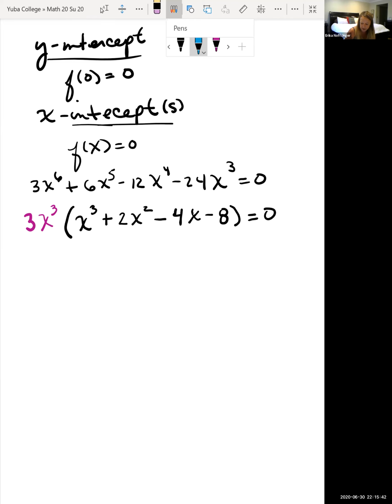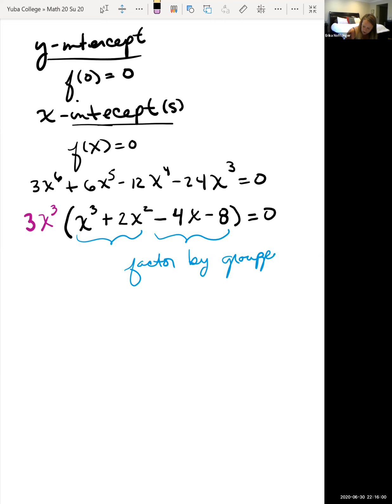So we want to try factoring by grouping here. That means I want to group the first 2 terms together, the last 2 terms together, and then pull out what they have in common in each. Let's pull down the 3x cubed, because we need to not forget about it.